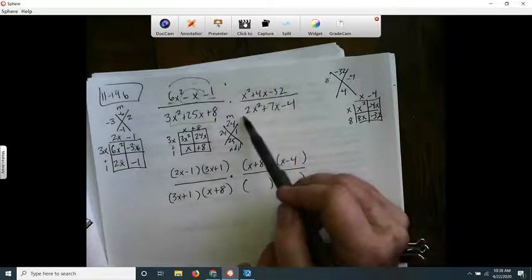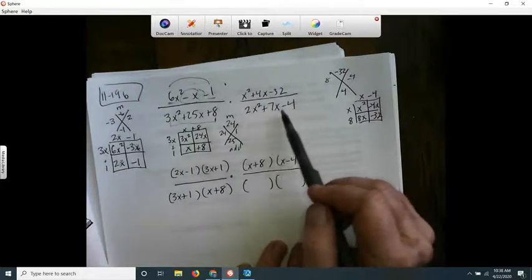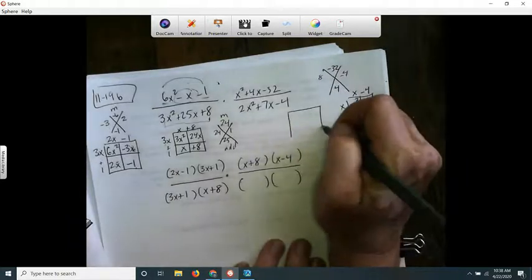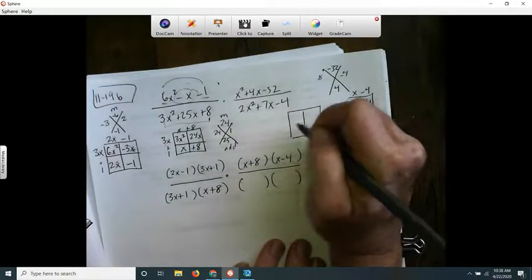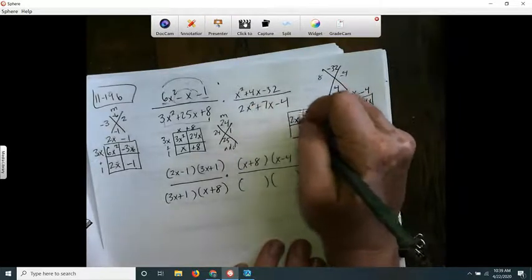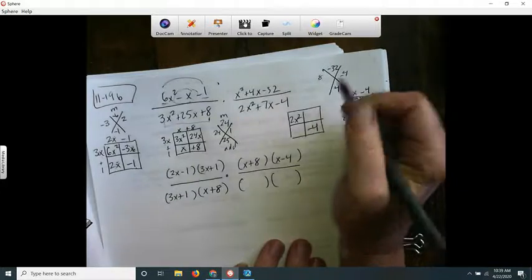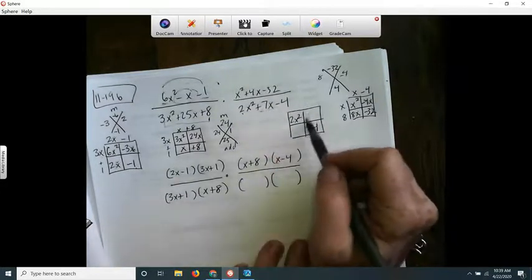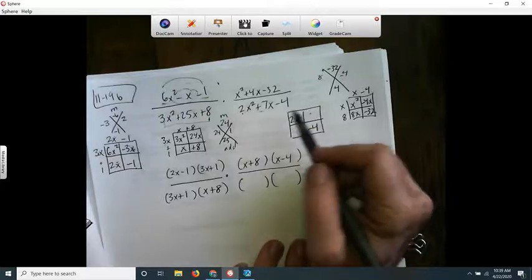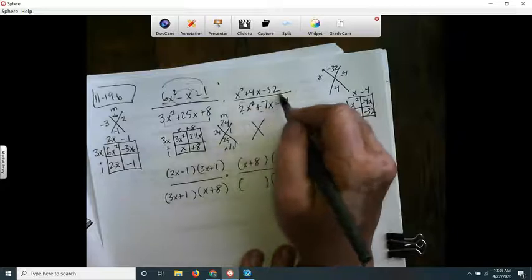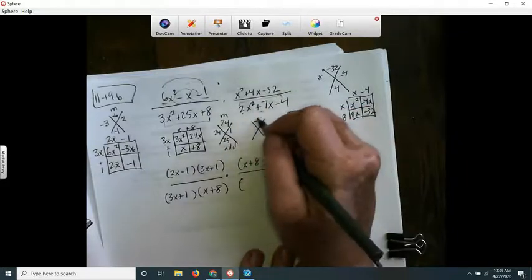Maybe some of you can do ones like this in your head, but I'm going to keep showing them because I'm guessing the reason people are asking me these questions is there's an issue with the factoring. Okay, so I'm trying to split my 7x into two things that add up to make 7, but they have to multiply to make, what's 2 times negative 4? Negative 8.